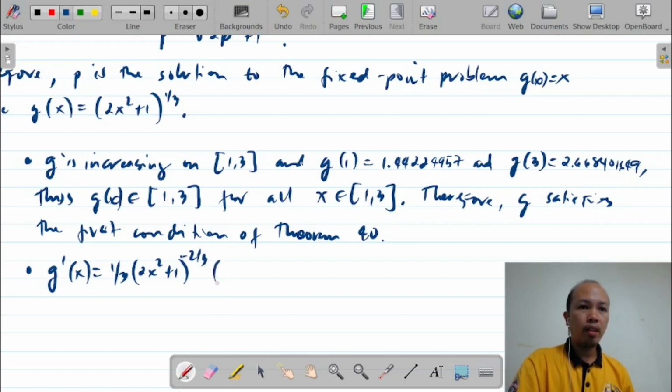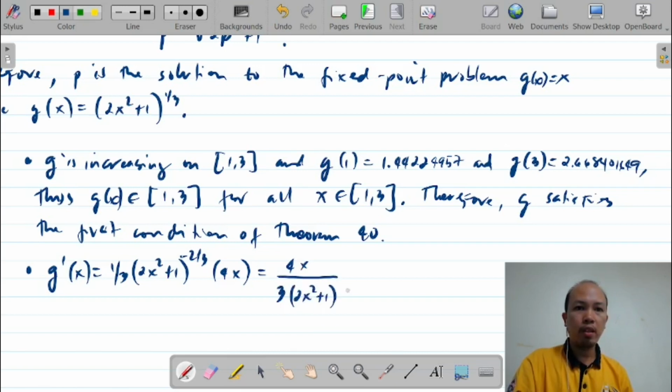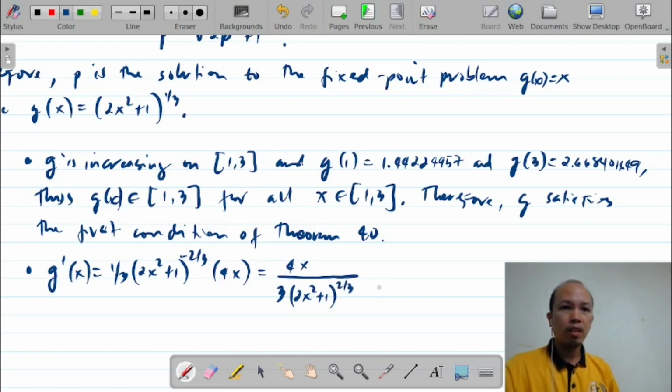And then the derivative of 2x squared plus 1 is 4x. So simplify, you will have 4x over 3 times the quantity 2x squared plus 1 raised to the power of 2/3. Okay, so that's the derivative.